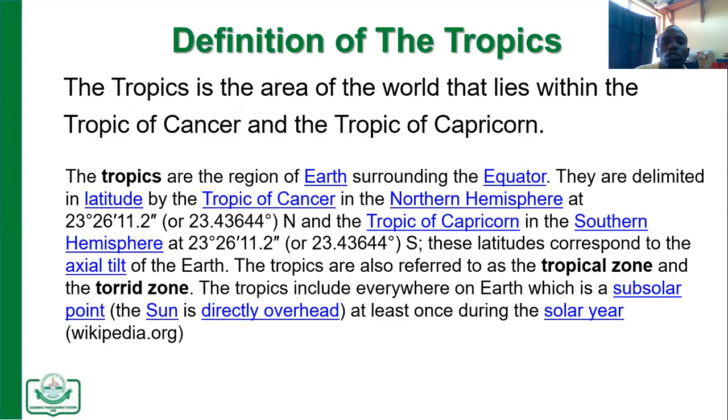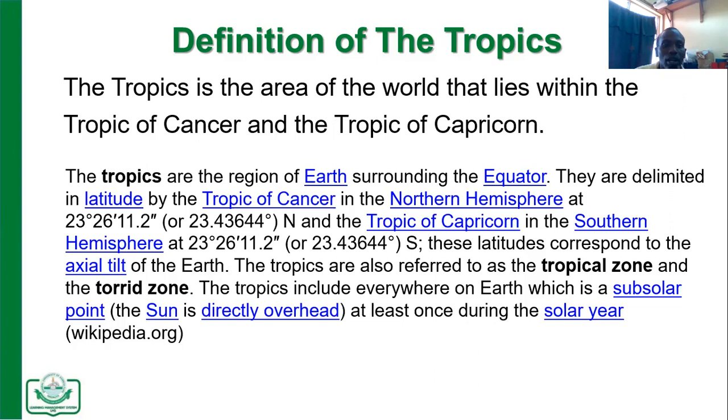By definition, the tropics is regarded as the area of the world that lies within the Tropic of Cancer and the Tropic of Capricorn. So what we are saying in essence is that in the map of the world, I believe most of you are familiar with the map of the world.